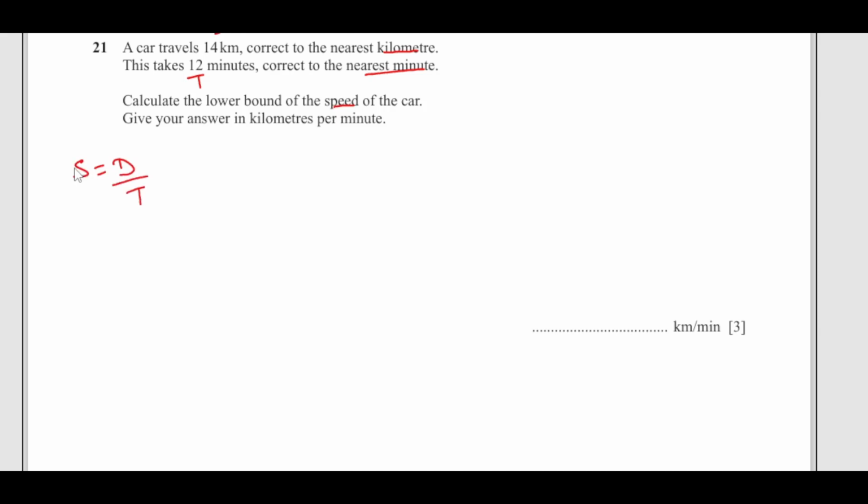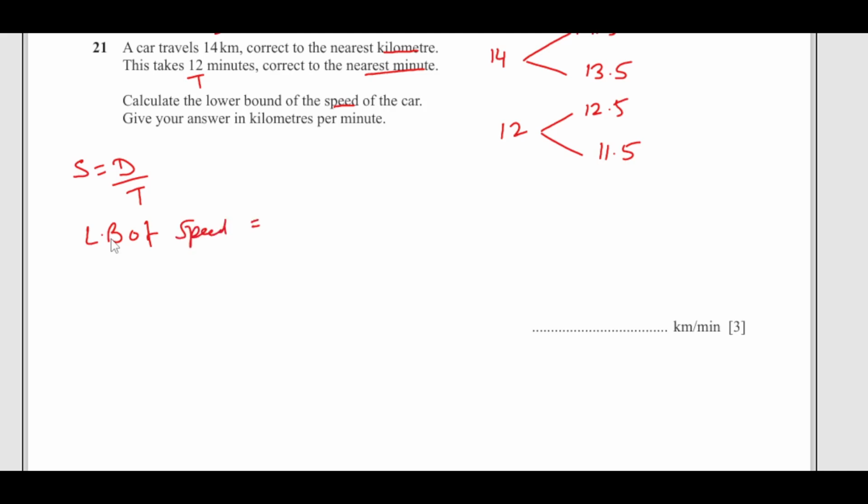We cannot take this directly because they are to the nearest. So we can have the distance, which is 14 to the nearest kilometer. The upper bound is going to be 14.5 and the lower bound is going to be 13.5. Similarly for minutes, 12 minutes, upper bound is 12.5 and the lower bound is 11.5. So we are looking for the lower bound of speed, right.